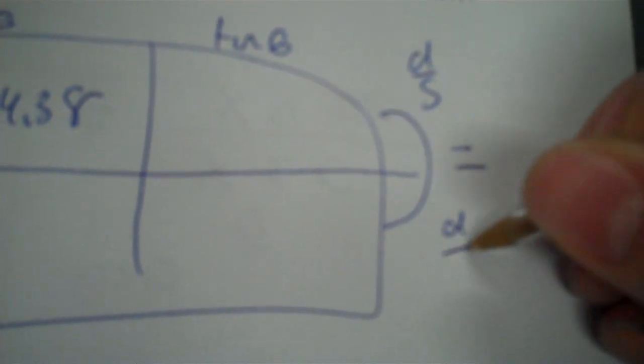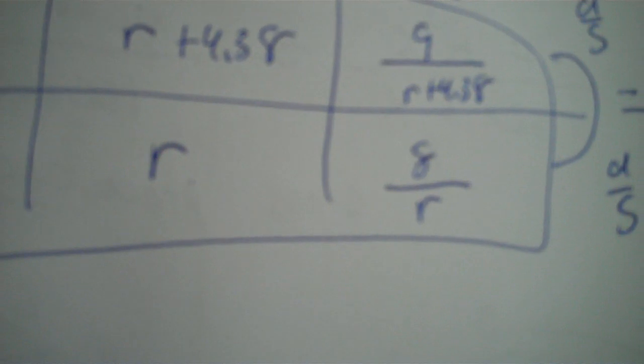Now, the time, we know that the times are equal, and that time is distance over speed. So distance is 9, and the speed is r plus 4.38. The distance here is 8, and then the speed, the rate, that's r. Actually, instead of d over s, put d over r, that makes more sense.